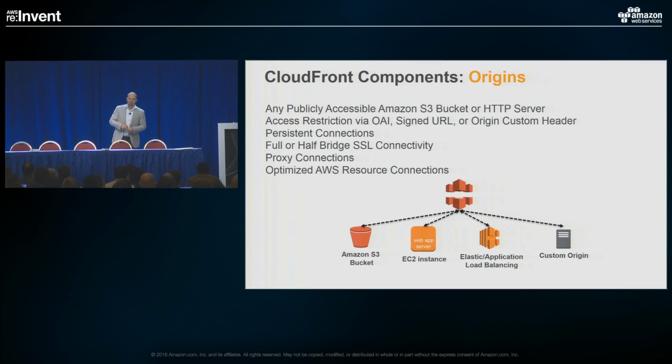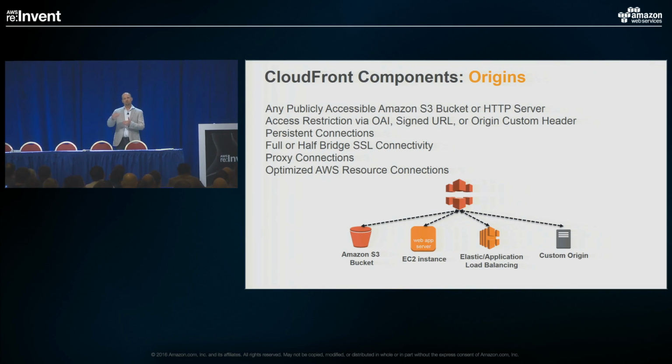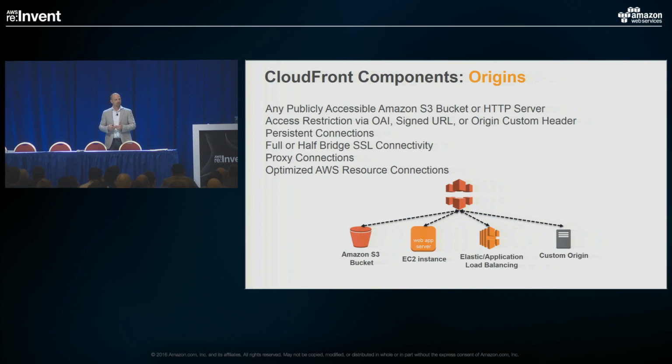We also have the ability to do an encrypted connection, either full bridge or half bridge. If you want to have an encrypted connection between your end user and CloudFront, you can set that up. But if you want to continue the encryption all the way from the CloudFront edge location to your origin, you can enforce that as well. So you can have this full bridge SSL connection.